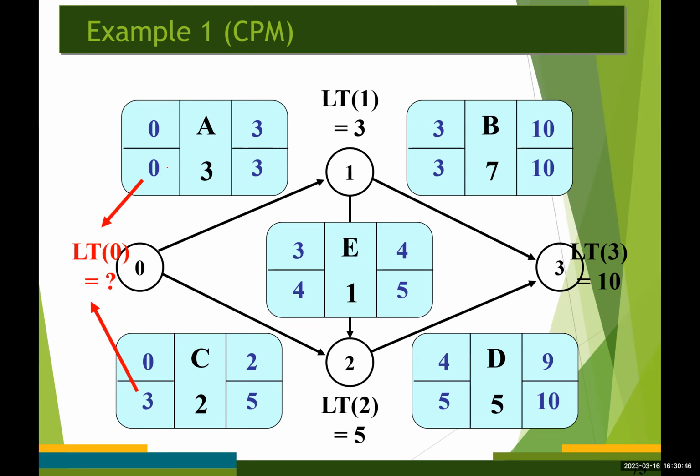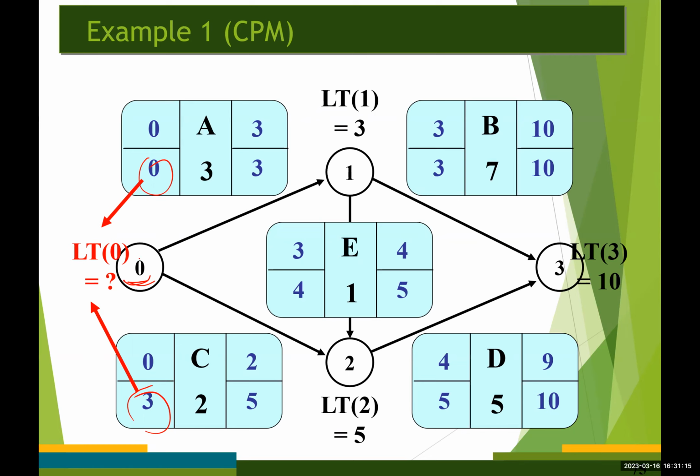Now we need to determine the latest time for event number 0. Again, we need to take the minimum value between 3 and 0, because event number 0 represents where both activities A and C can begin.